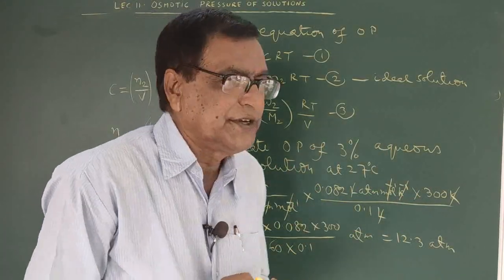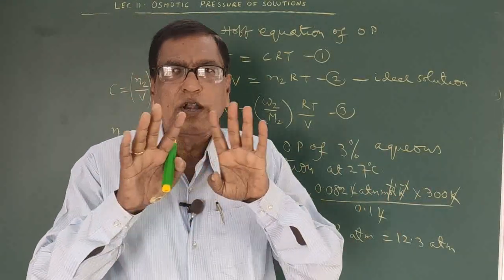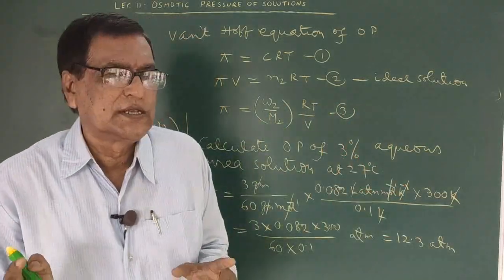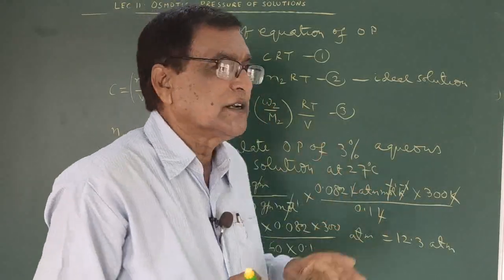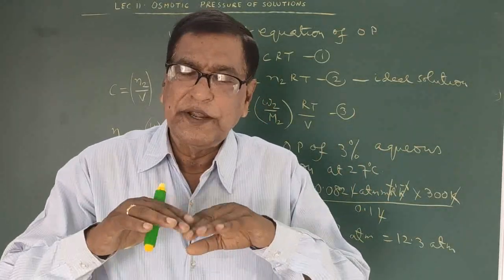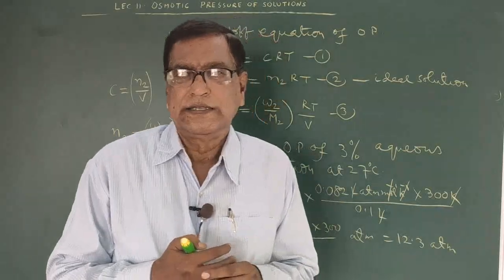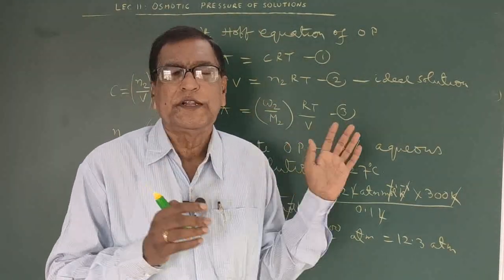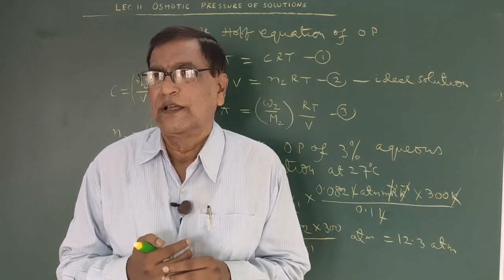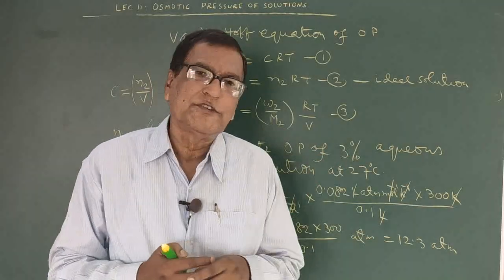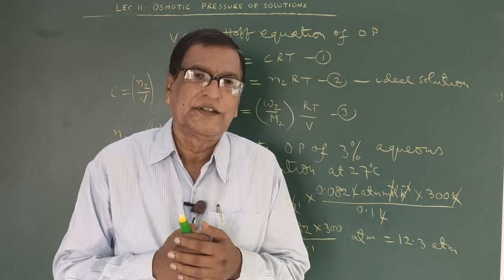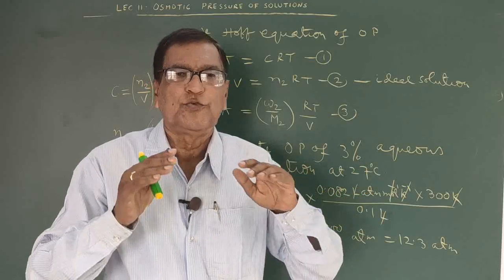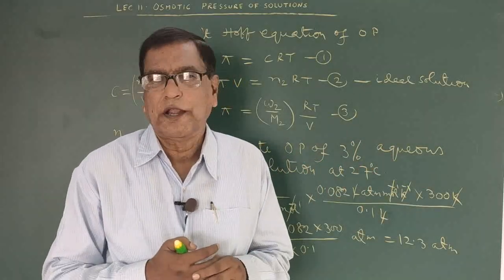at 27 degrees centigrade. This is all about the explicit discussion of the osmotic pressure of solutions, and in my next class I shall discuss the experimental determination of osmotic pressure so that the molar mass of the solute could be calculated, and the thermodynamical derivation of the Van 't Hoff equation I shall also explain.